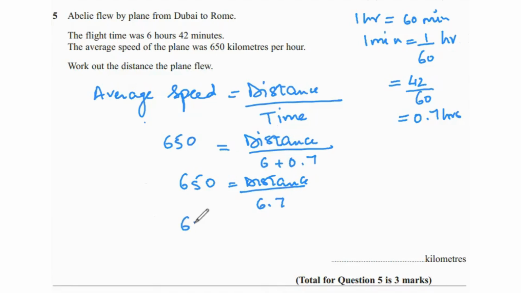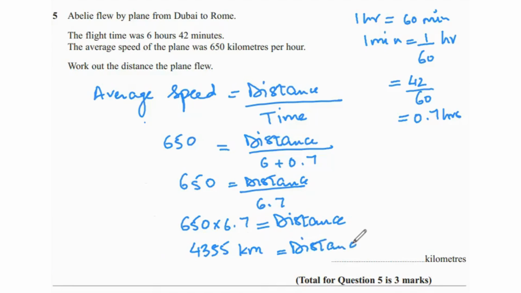Now we multiply 650 by 6.7 to find the distance, which equals 4,355 kilometers. That is how you use this formula to find the distance. So remember, convert the minutes into hours first. To convert minutes into hours, you divide the minutes by 60. If it was from hours to minutes, then you times by 60.